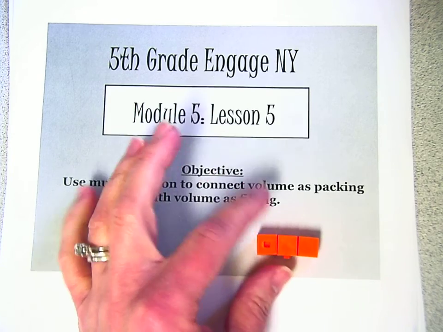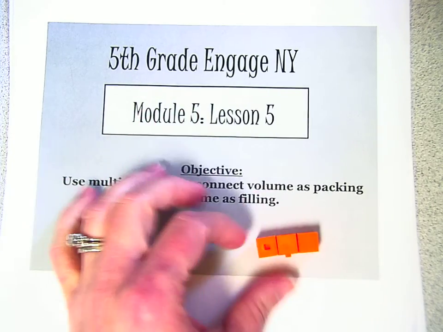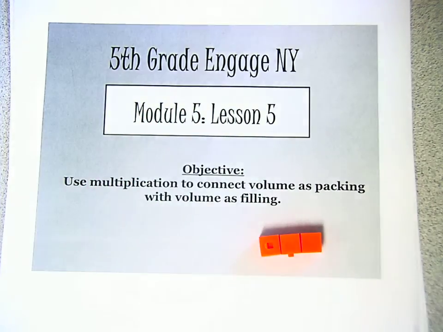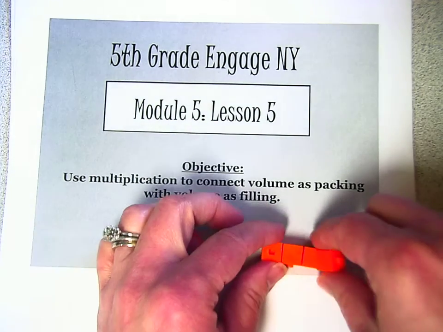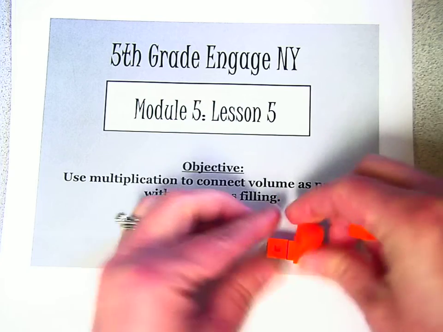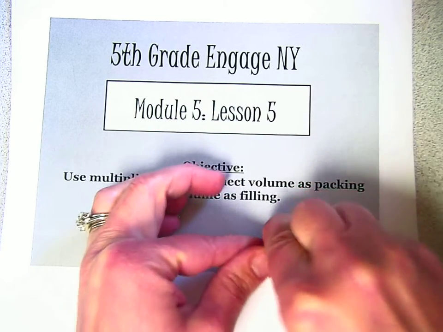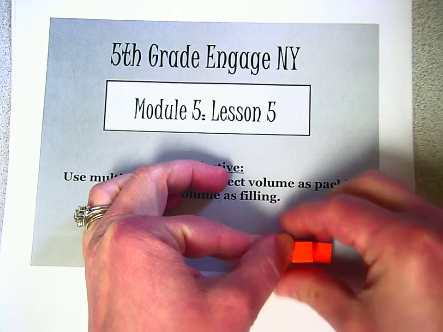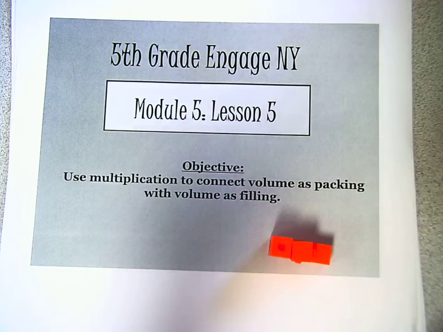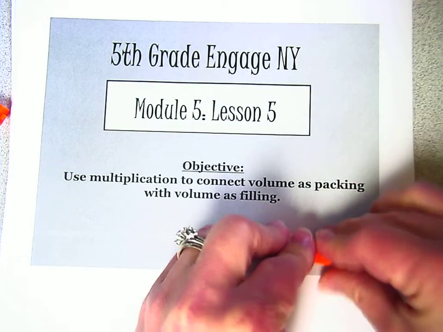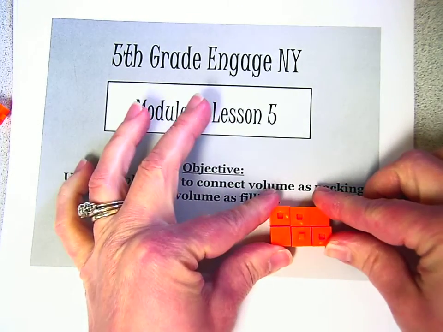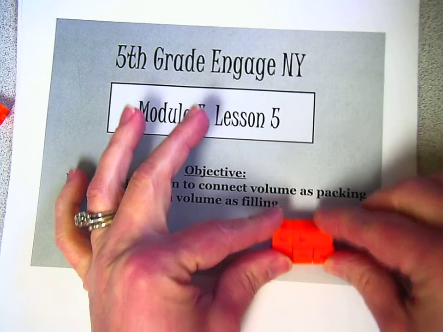So in this case, we have 3 cubic centimeter blocks, so the volume of this shape would be 3. If I add 3 more blocks, I have that layer of 3, and then I add a second row, and now the volume of my shape is 6.